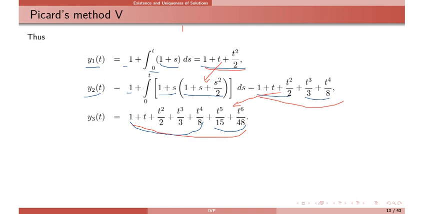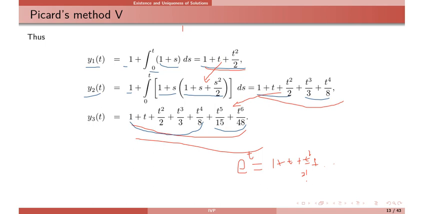So let us take some simple example. If our problem has a solution, say, exponential power t. Okay. So what is the exponential Taylor series expansion? 1 plus t plus t square by 2, and so on. So what is Picard's method doing?